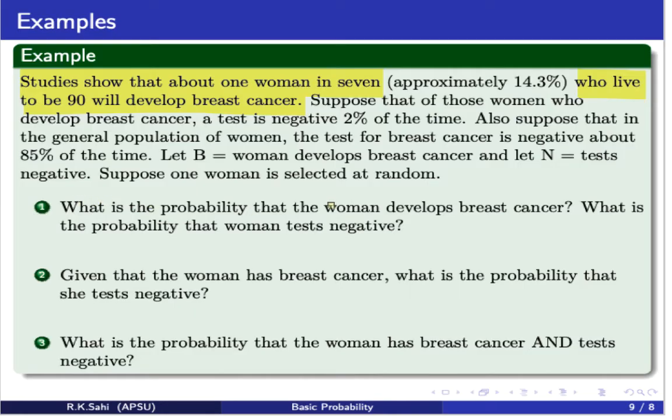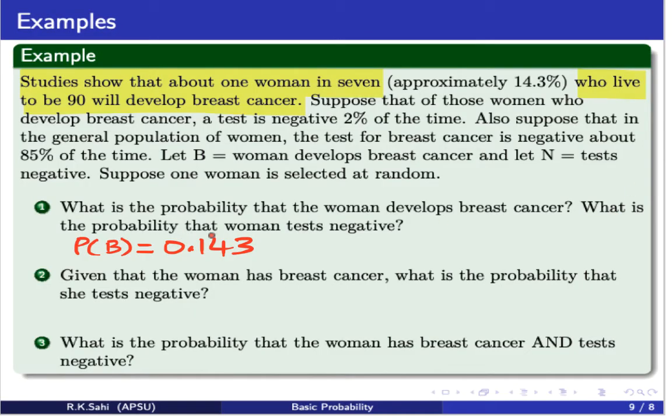What is the probability that the woman develops breast cancer? That very first line gives us this answer. And we are saying let B be the event that woman develops breast cancer. Okay, so reading the very first sentence, we can write the probability of B. It says 14.3% as 0.143.